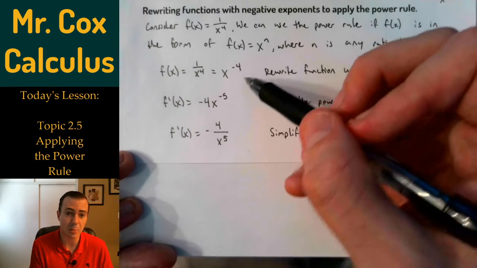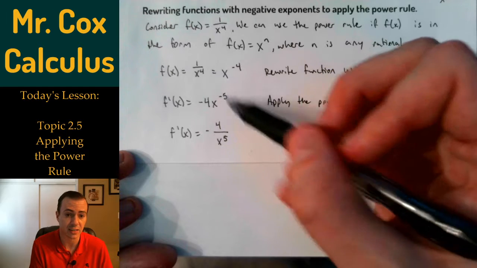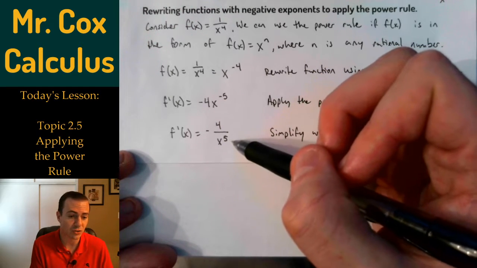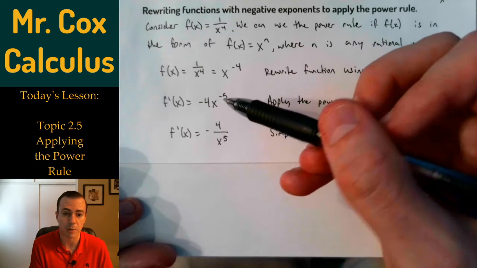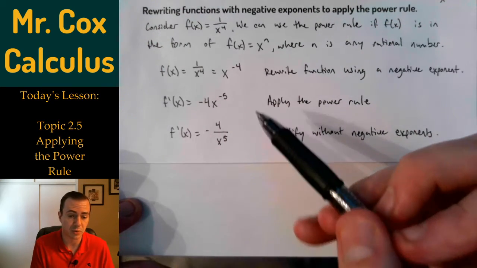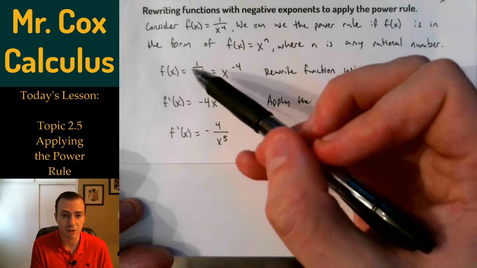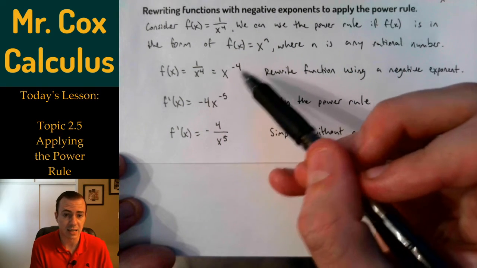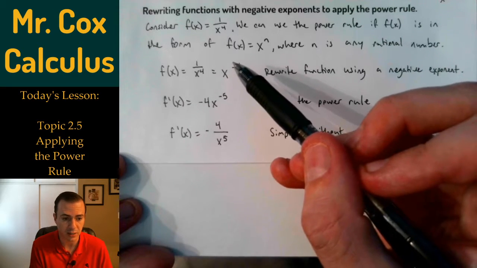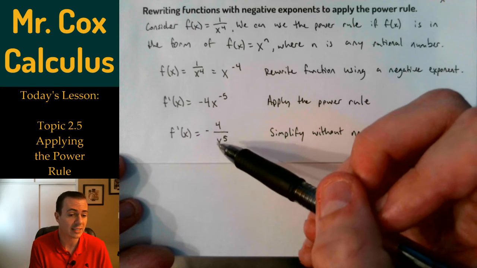So one thing that happens is, if I have something that looks like this, notice that the power actually increased by 1 because I reduced 1 from a negative exponent. The other thing that always happens whenever you take the derivative of a function in this form is that, because the power rule says to take this exponent and make it your coefficient, I also had a sign change.